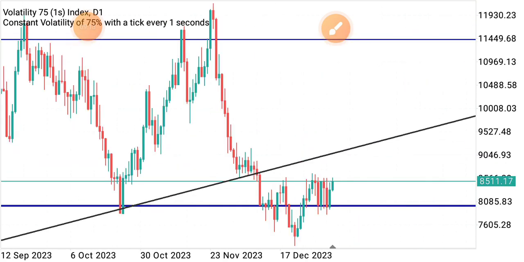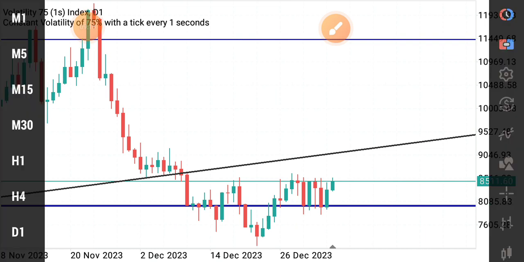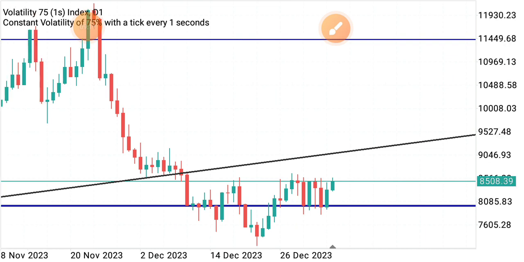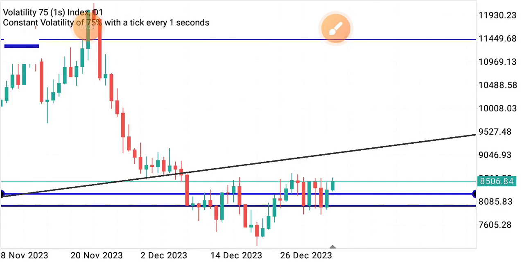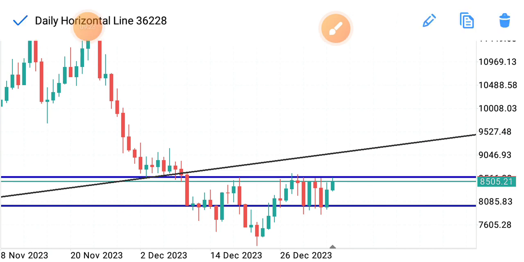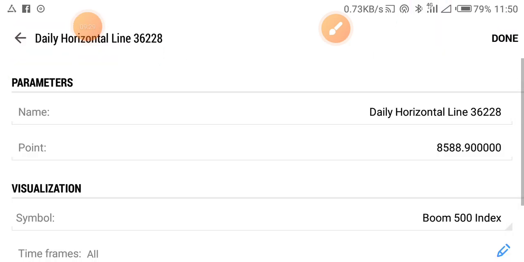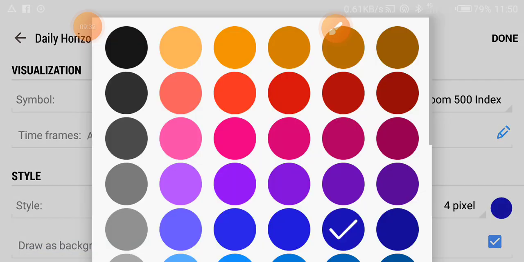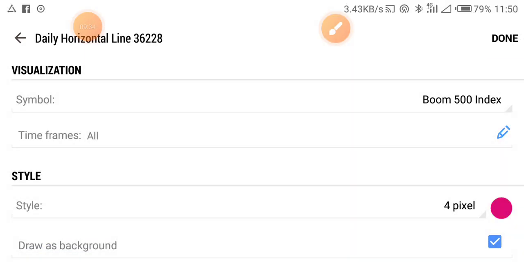All right, so now on this daily time frame, you can see that this is actually another zone in the market. Let me mark it out. This is another zone in the market, guys. I would want to change this color to differentiate it from the weekly time frame.